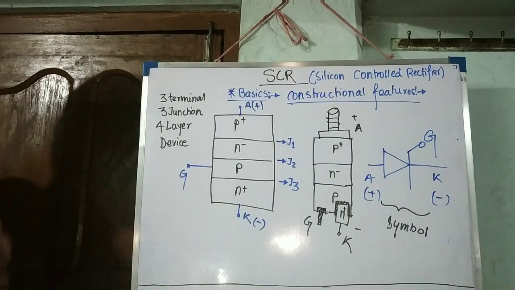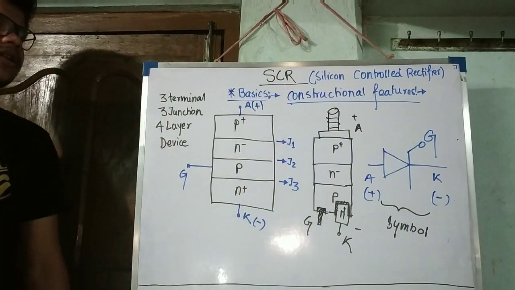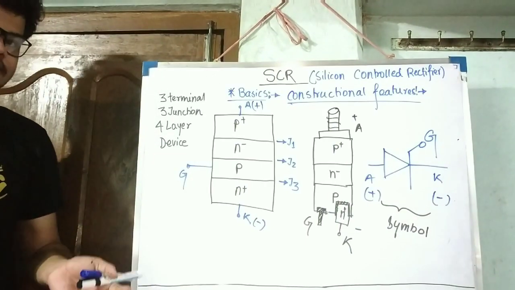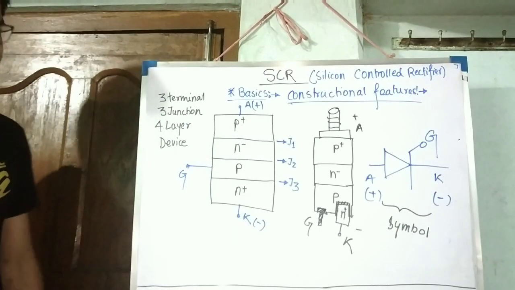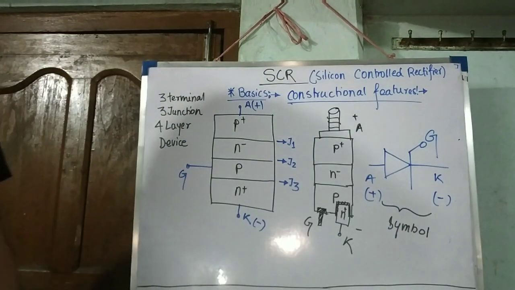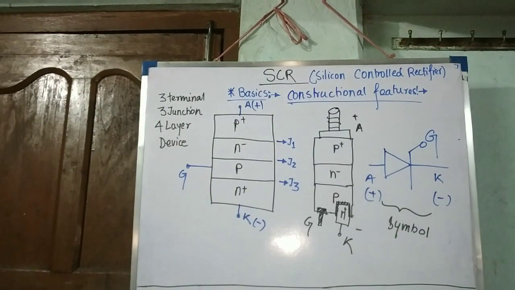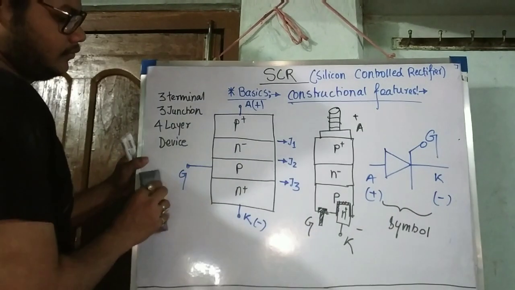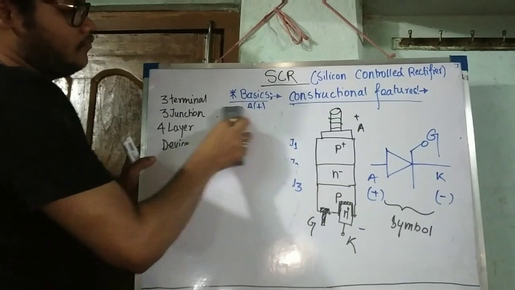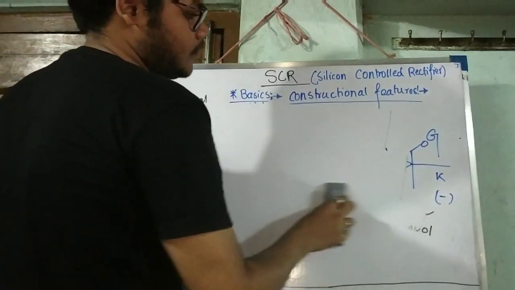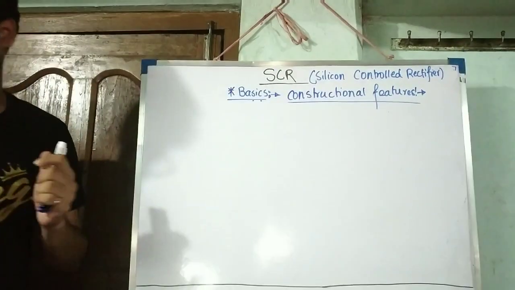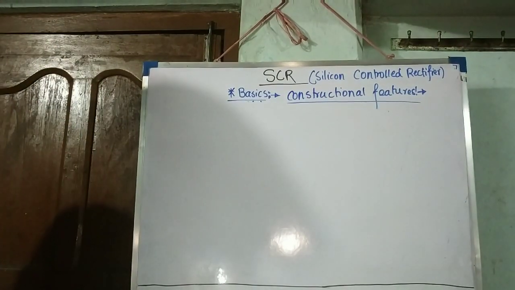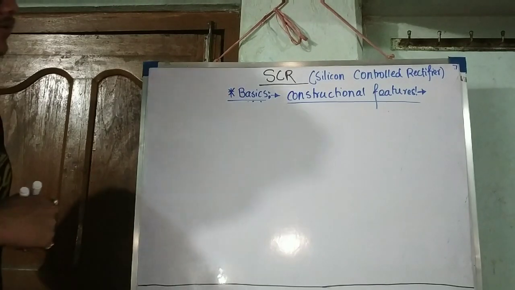Okay. Now let us see what will be the forward bias characteristics, what will be the reverse bias characteristics, what will be the forward blocking characteristics. Let us see. So it is a 3-terminal 4-layer device.